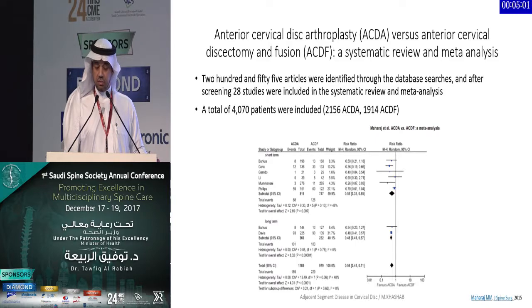Another set of data was published in a systematic review comparing disc replacement with ACDF.